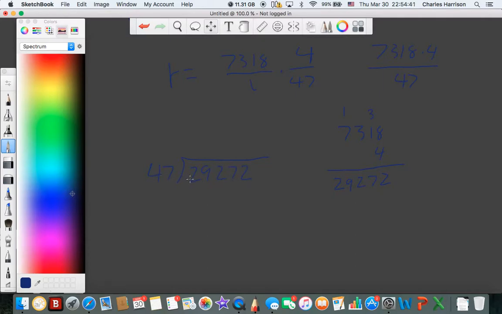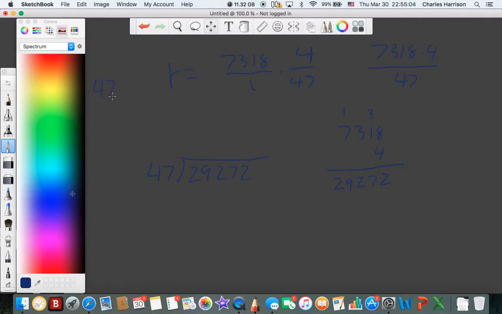Does 47 go into 29 or 2? No. Does it go into 292? Yeah, it does. If I round 47 to 50, and I round that 292 up to 300, then I could say that I could times by 6 possibly. So let's just try 6. I think it might work. Who knows?